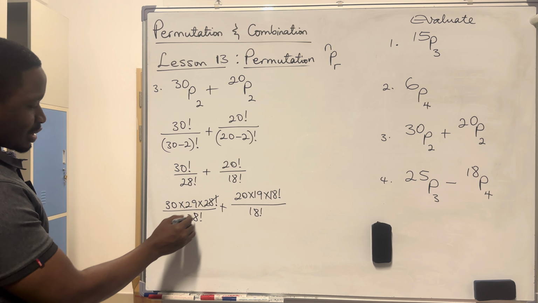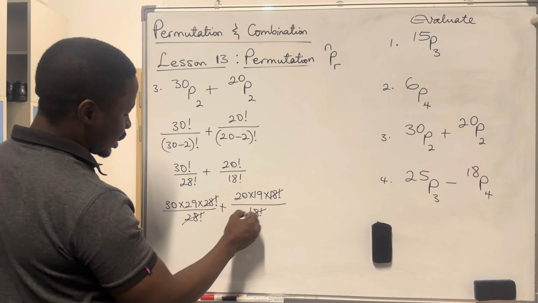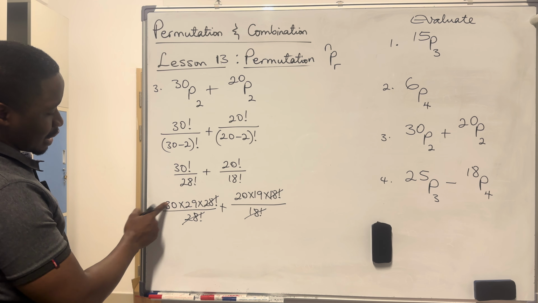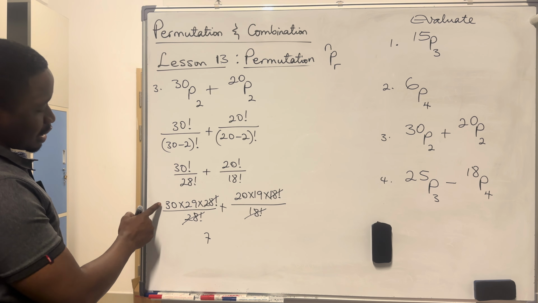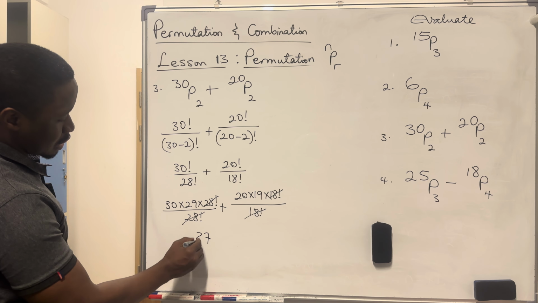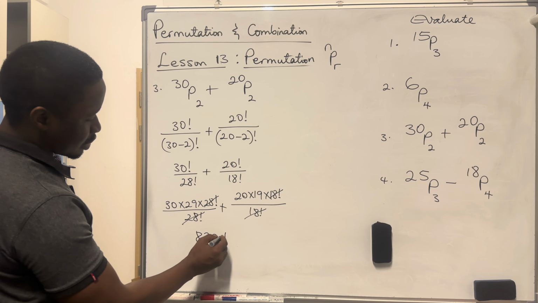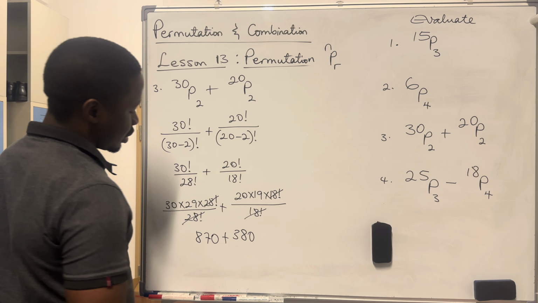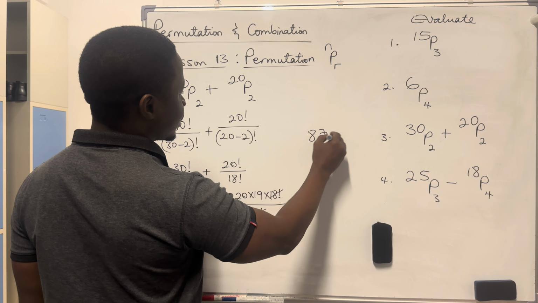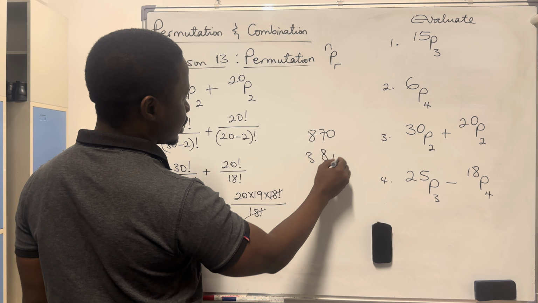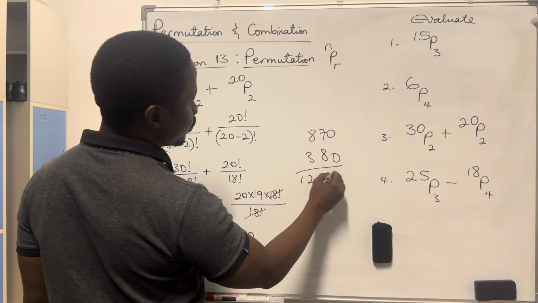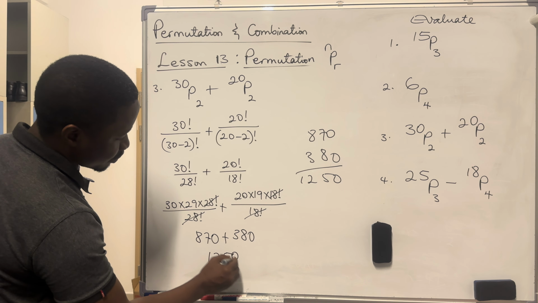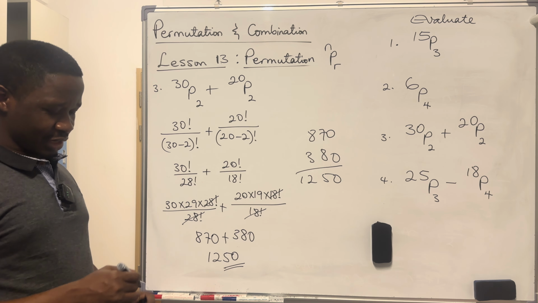So 28 factorial takes away this, and this one takes away this. Now 30 times 29 is 870, and 20 times 19 is 380. So 870 plus 380 is 1250. I hope it is clear.